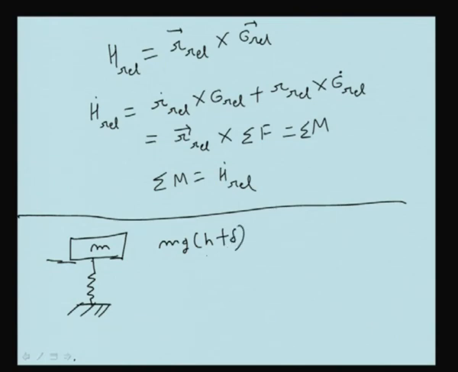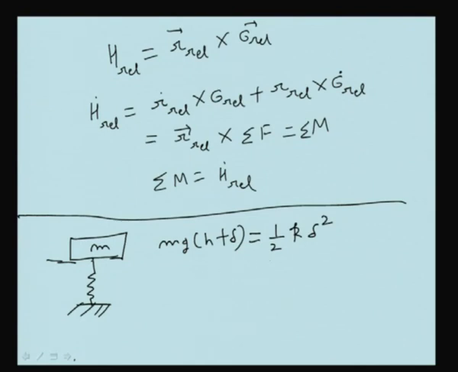From the conservation of energy principle, this should be the same as the potential energy stored in the spring at its maximum deflection. At that time the kinetic energy is 0. So this gives us this relation.